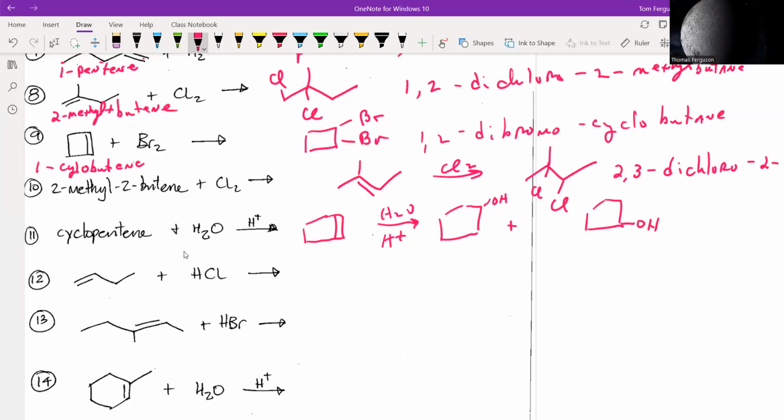So these are the two molecules you make. But if you rotate one, it ends up being the same molecule. So there's no mix in this situation. There's a mix, it's just the molecules you make look the same. So this would be cyclopentanol or 1-cyclopentanol.